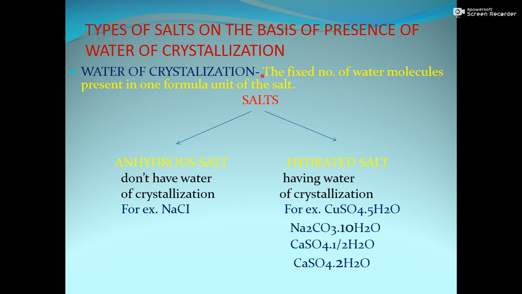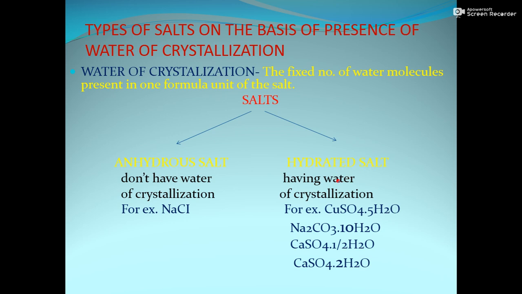So we can say the fixed number of water molecules present in one formula unit of the salt is known as water of crystallization. And on that basis, salts are of two types: anhydrous. Anhydrous means they do not have water of crystallization, means उनके अंदर वो water trap नहीं हुआ था जब वो crystals बने थे.